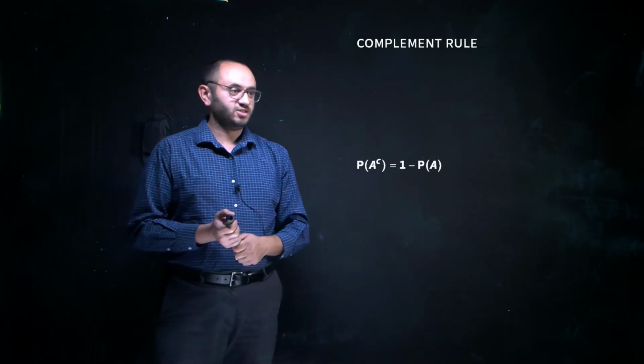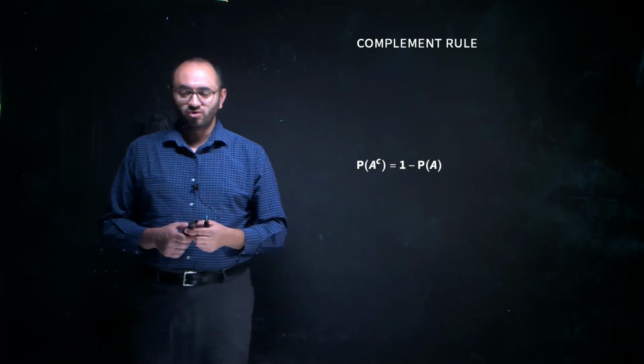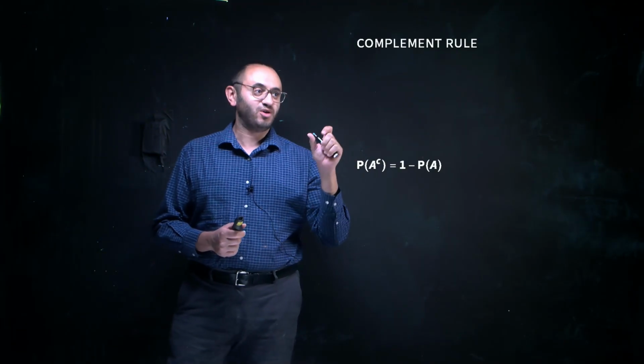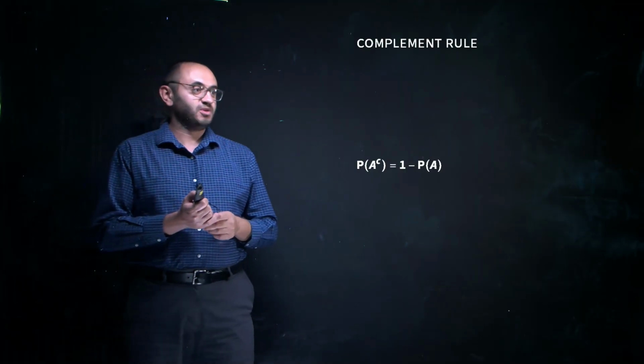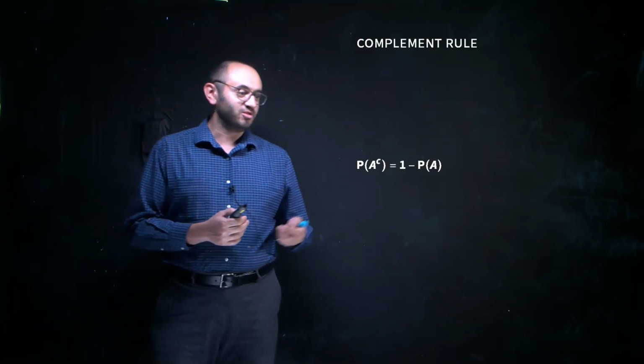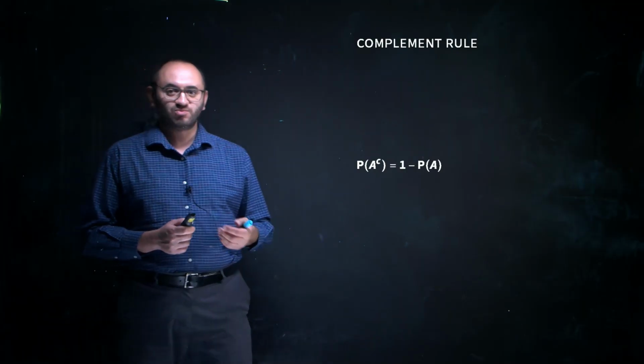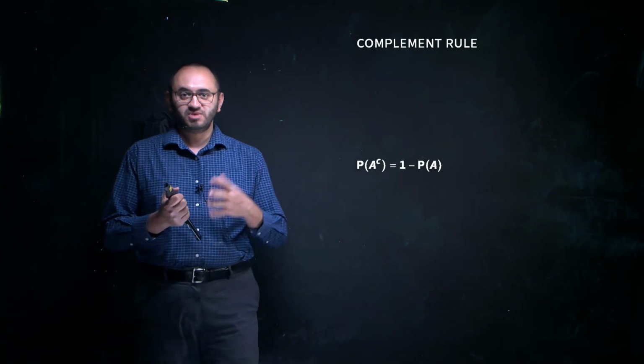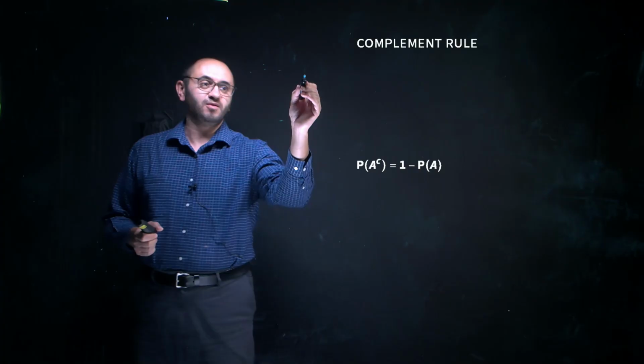All right, the next is a very important formula in probability. It's a short formula, but it's a very powerful formula. The formula says probability of A complement equals 1 minus probability of A. Why is that? So let me explain here in the Venn diagram.